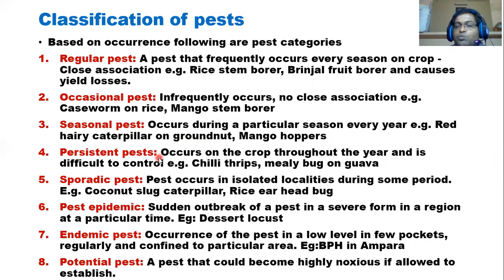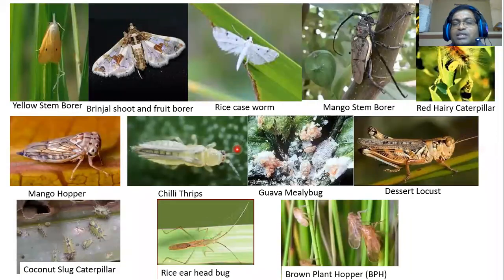Persistent pest means if you are cultivating a certain crop throughout the year, you can expect this pest throughout the year. For example, chili thrips, Scirtothrips dorsalis. Whenever you are cultivating chili plants, you can expect thrips attack. And guava mealybug, when you are cultivating guava.